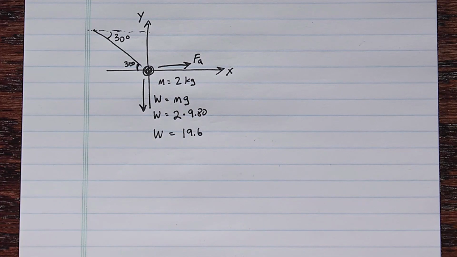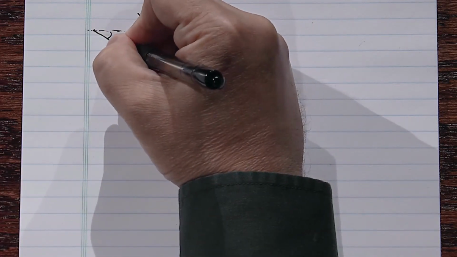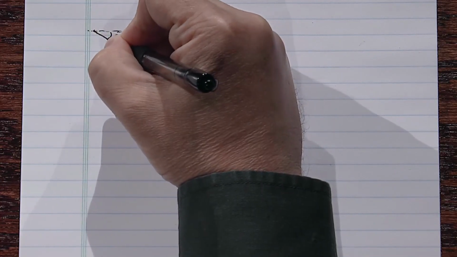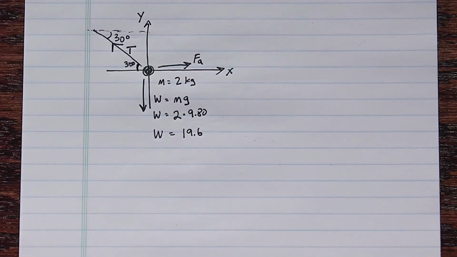We also know that the tension will be pulling in the direction of the string, so let's draw in tension like this. That is our first step.